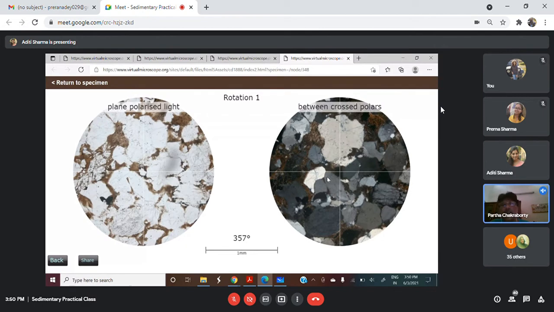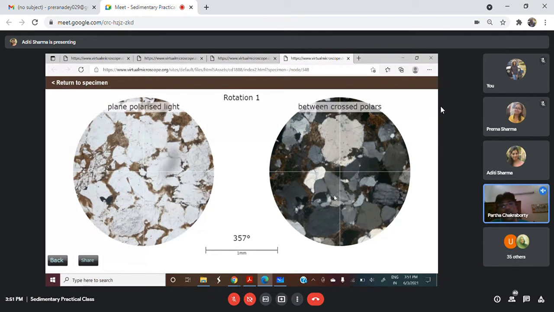But overall the grains are quartz, and their roundness is moderate. Their sorting is not very good actually. Sorting is poor, and you have smaller grains as well as larger grains, but the roundness is moderate.